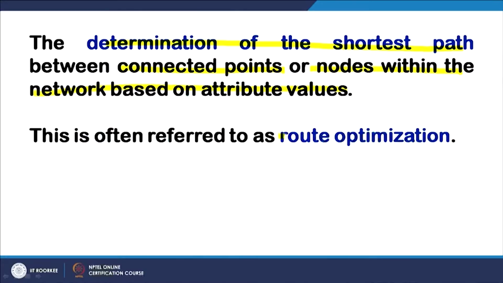Sometimes instead of calling it network analysis, in software and literature you may find another term, called route optimization. Basically, finding the shortest route or the optimum route is route optimization. You might have seen this in Google Maps.